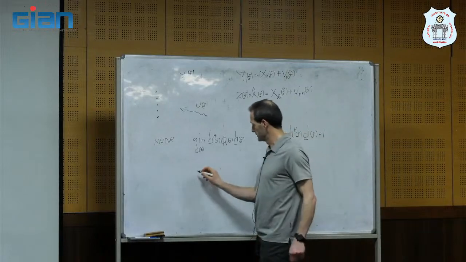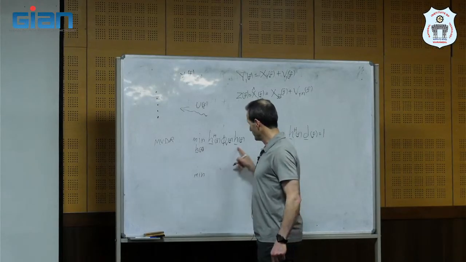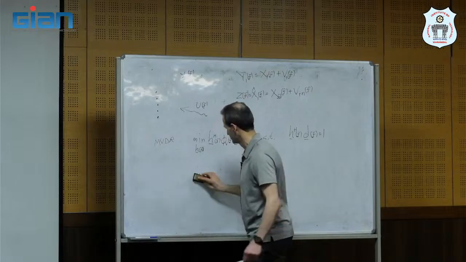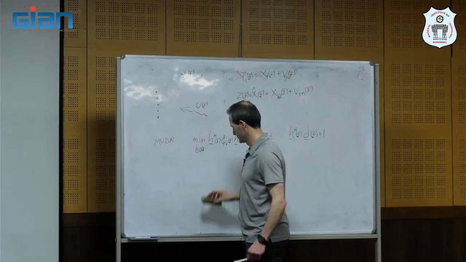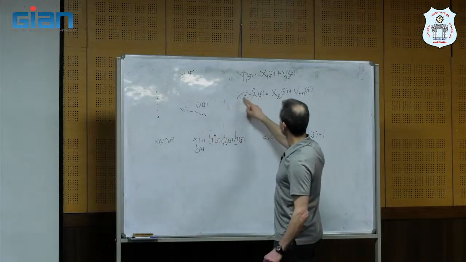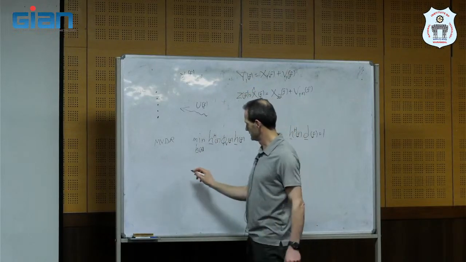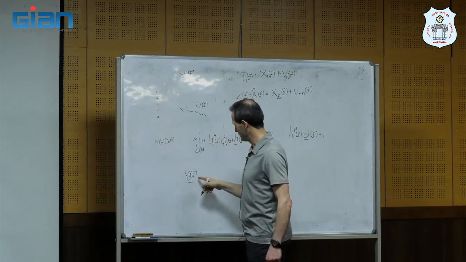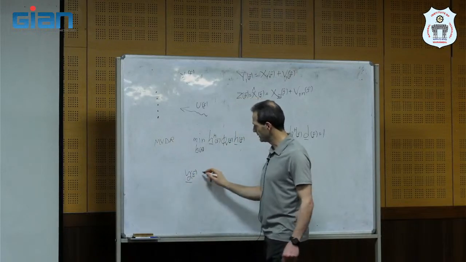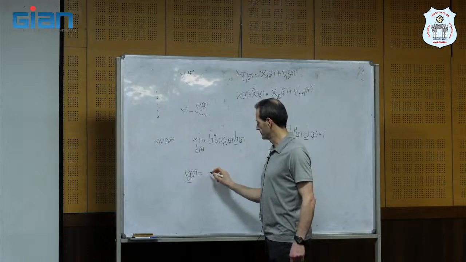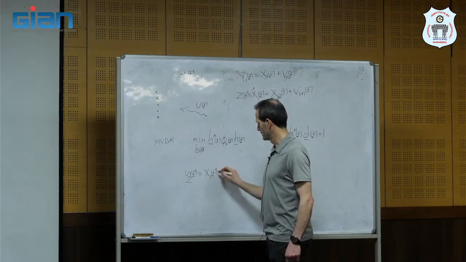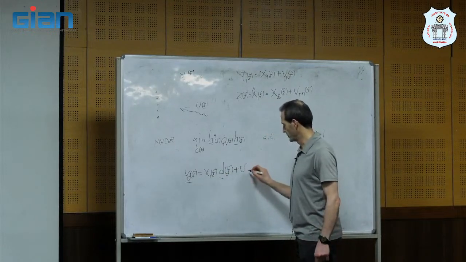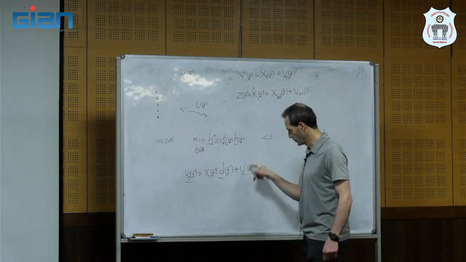Let's minimize the total variance of the noise. But before that, I will write it like this. You know that I can write the vector of measurements for the frequency f as X1(f) d(f) plus the noise vector in all sensors.